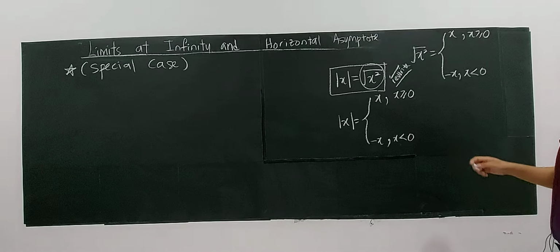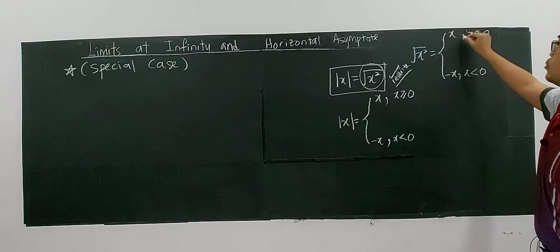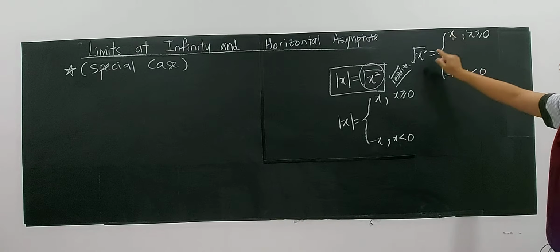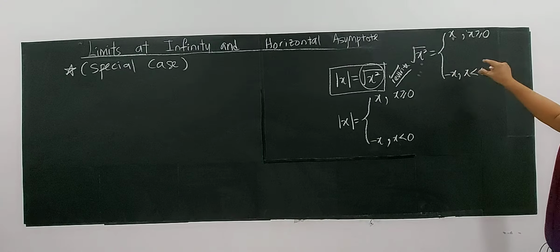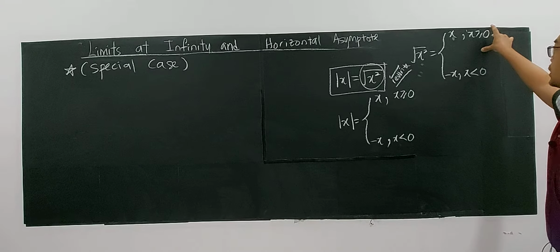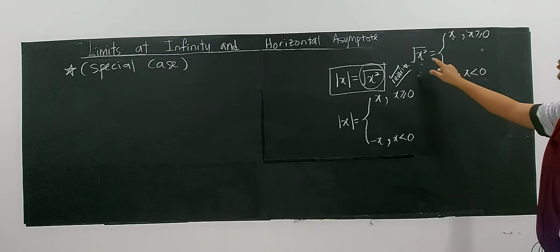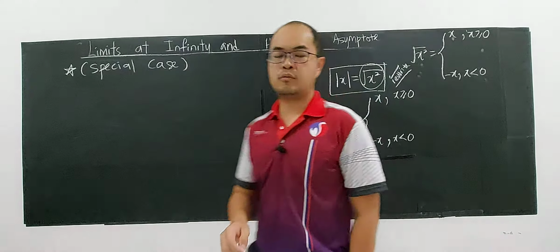Once you see that x is a positive value, you can convert x to be the square root of x squared. If you see that x is negative, you can consider the square root of x squared to be negative x.